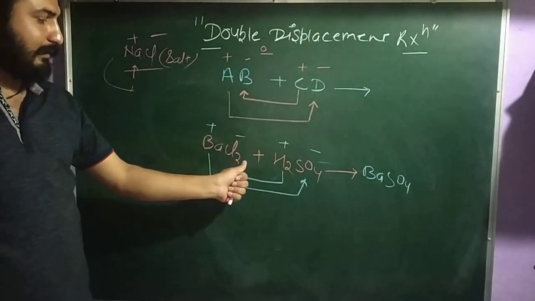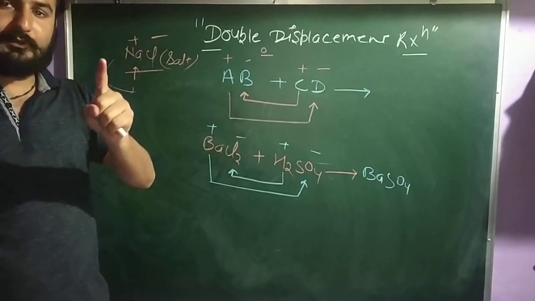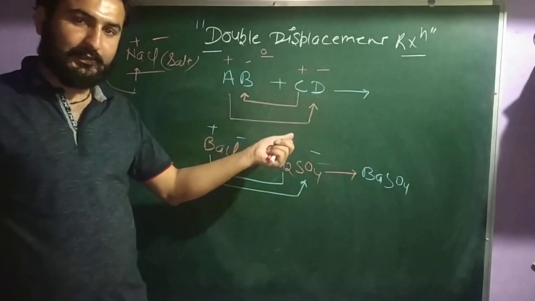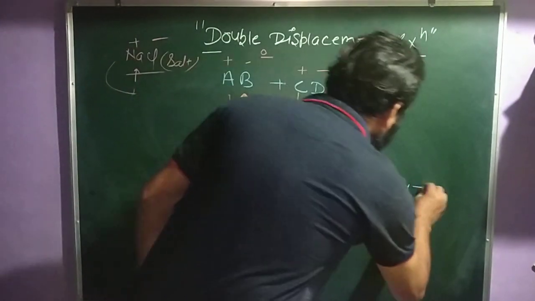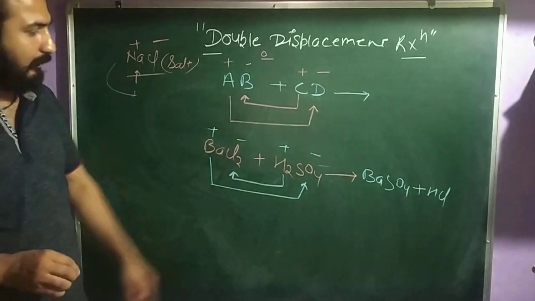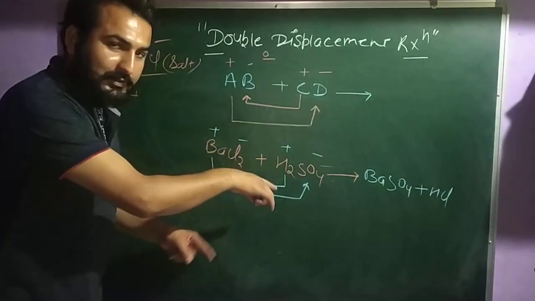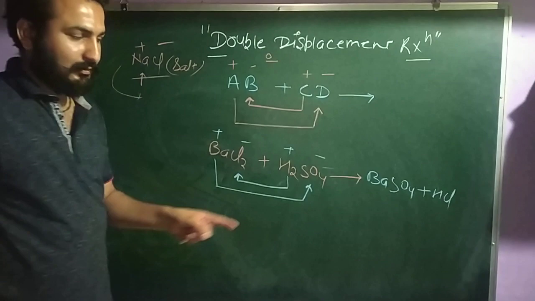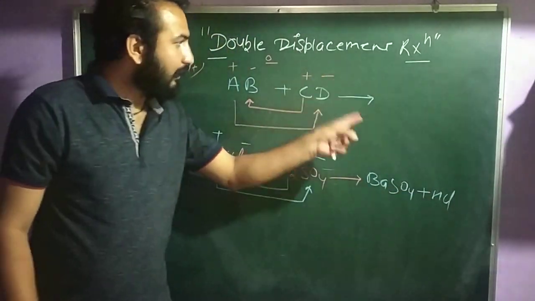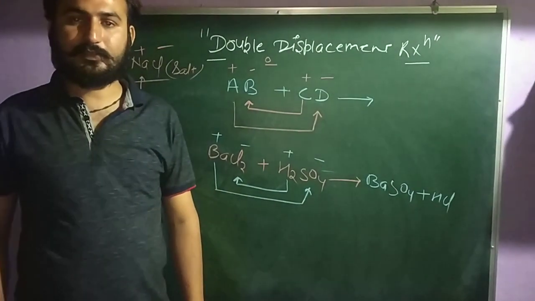This H, this Cl. This Cl has one negative charge because of the chloride ion. This forms the H ion, with one positive charge. So the product is HCl. Clear? So these atoms are mutually exchanged with each other to form two new products. This is called a double displacement reaction.